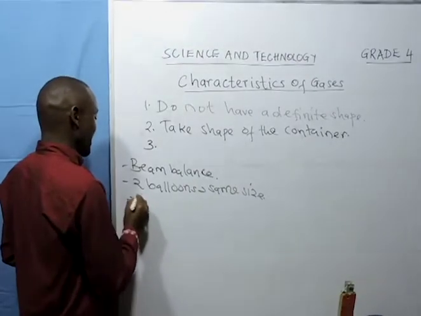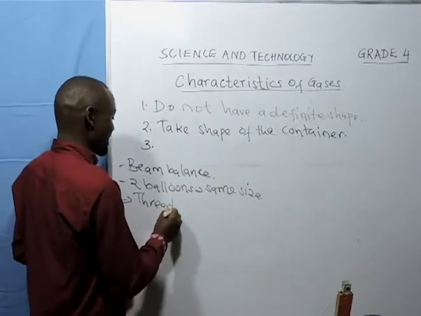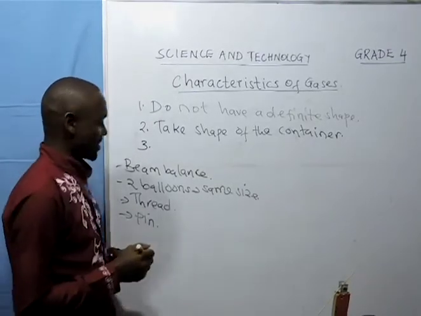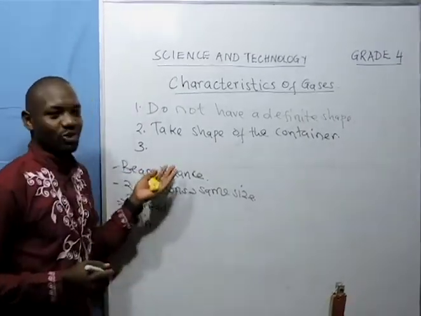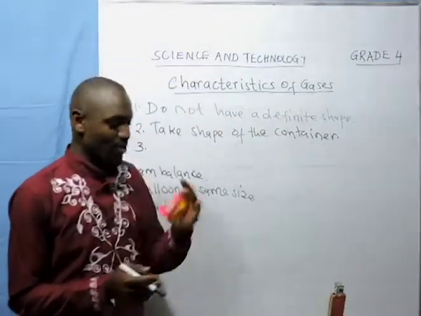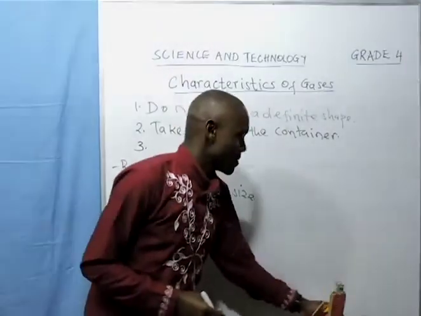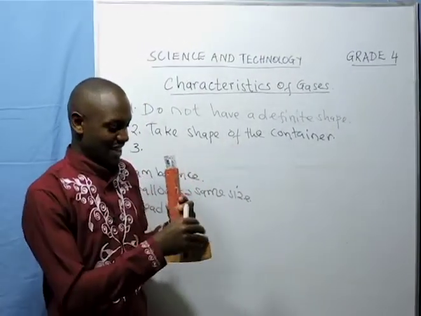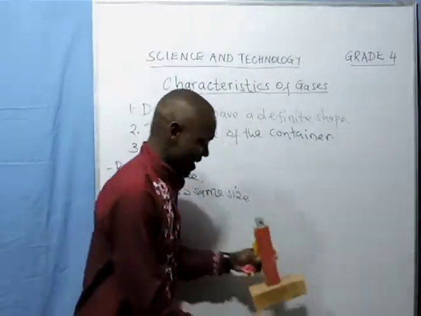We also need a thread and a pin. These are the materials we are going to use in that experiment. With me here, I have two balloons, the beam balance, a pin and a thread.